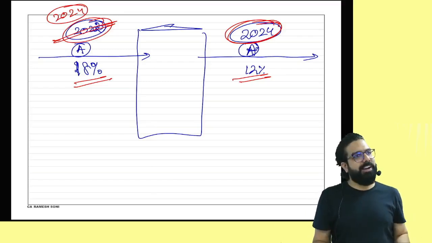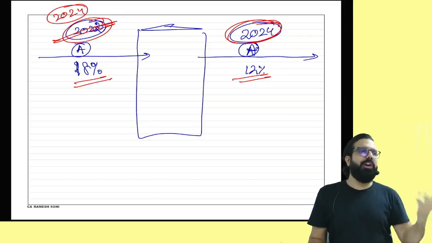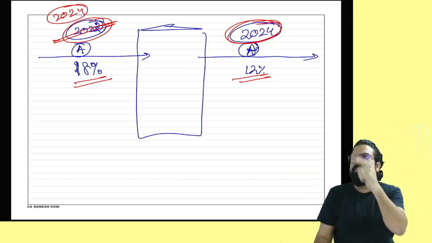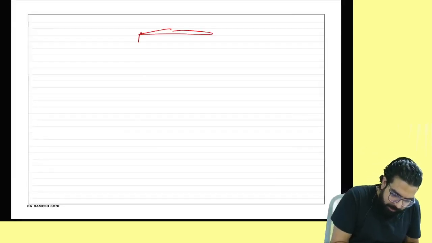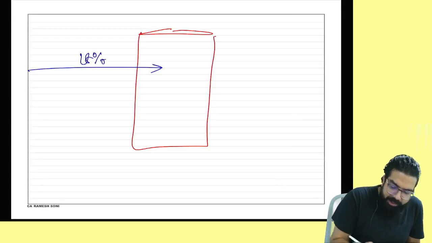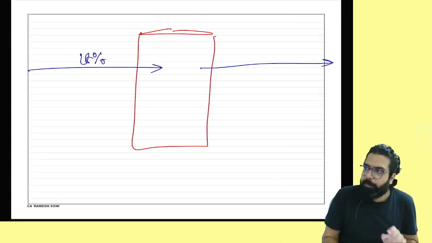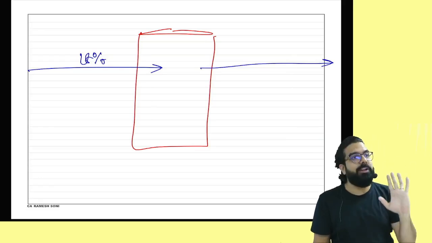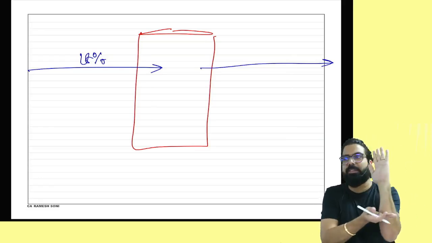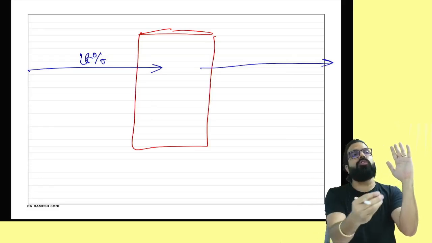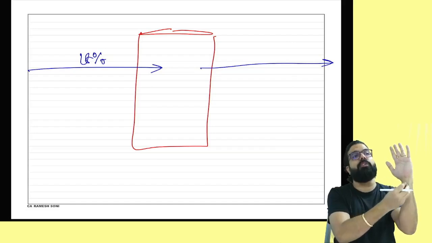Today only I bought it, it was 18. And today only when I am selling, it is 12%. How can it happen? For an example, I bought the bottles at 18% GST. I am going in and selling the bottle to military, for an example. And when you are selling to military, there is an exemption notification which says that when you are selling to army, please don't charge 18%, please charge only 12.